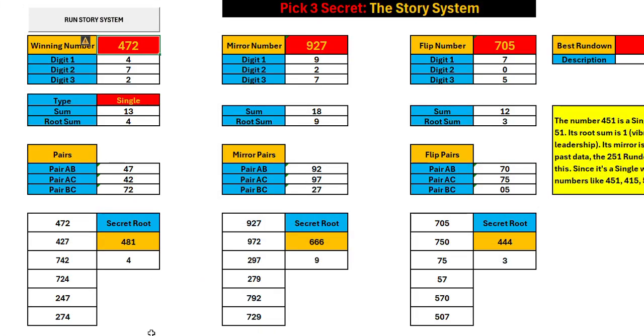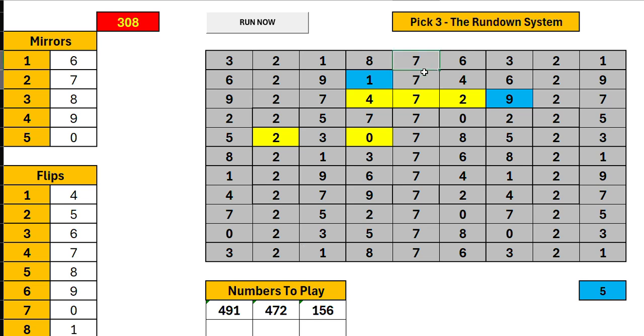So if you choose the 7 in the rundown and any numbers that you play are going to have a 7 in it, then you find the combinations based off of that. So it's all 7s, or if you think it's going to be all 2s, if you think the number is not going to change. That's how the 308 is used, right?